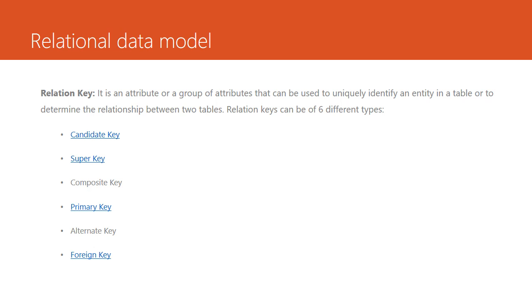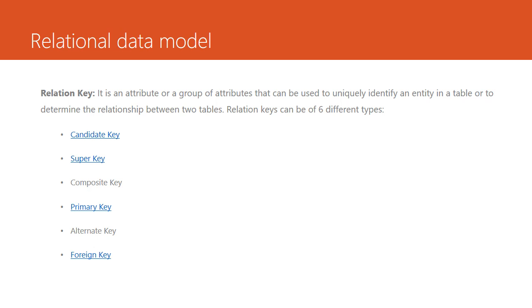One key is chosen as the primary key from the candidate keys, and the remaining candidate keys are termed alternate keys. In other words, the total number of alternate keys is the total number of candidate keys minus the primary key. So the alternate key may or may not exist. If there is only one candidate key in the relation, it does not have an alternate key.